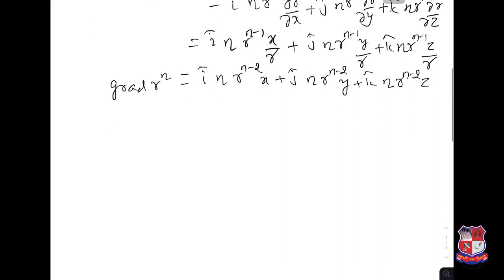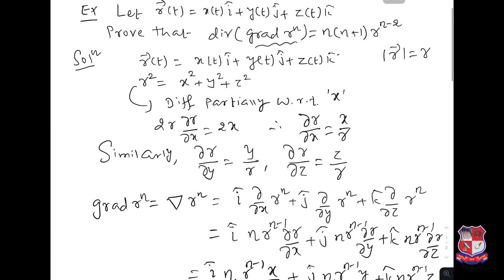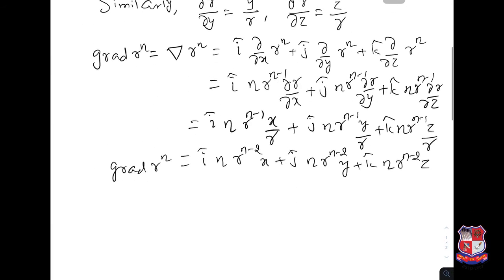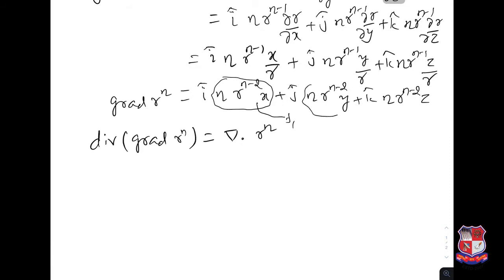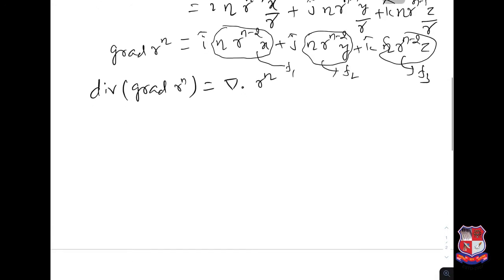Now we want divergence of gradient of r power n. So we want divergence of this. So divergence of gradient of r power n, that is del dot del r power n. So this is nothing but the first component f1 say, this is say f2, and this is say f3, and we know divergence.